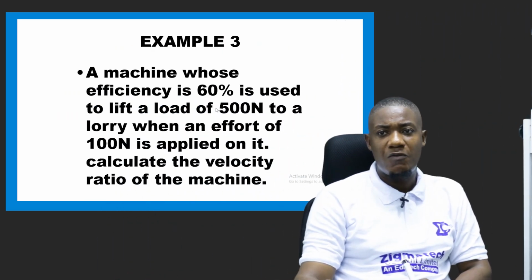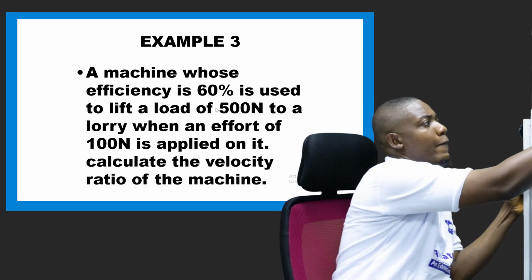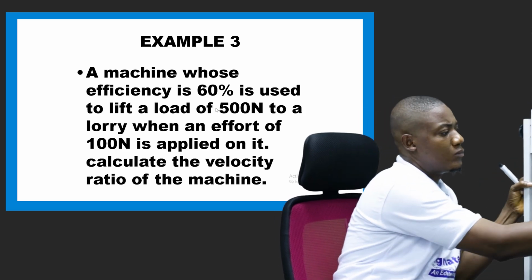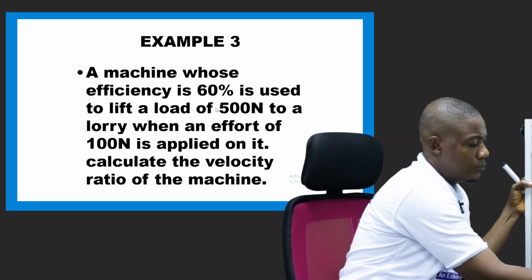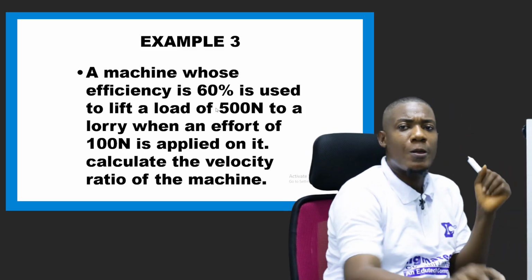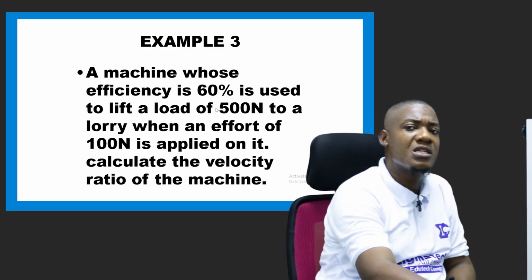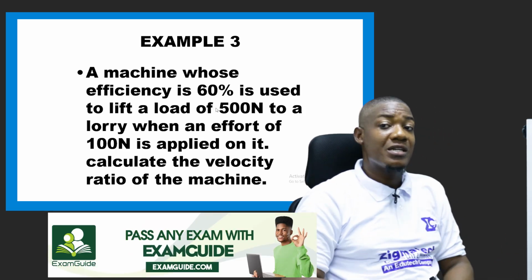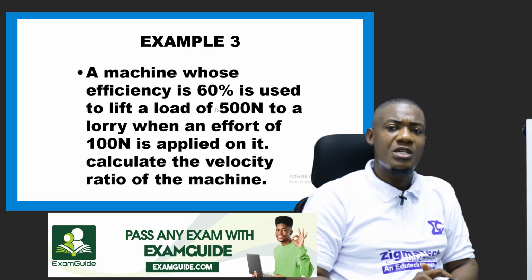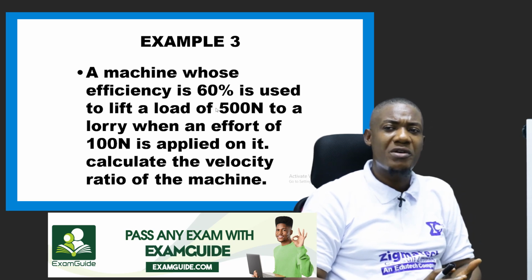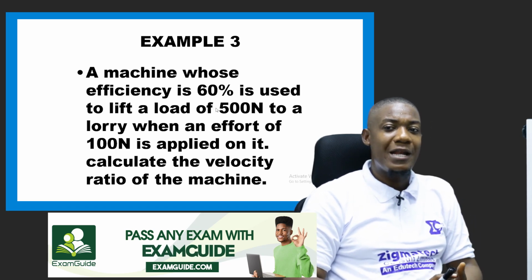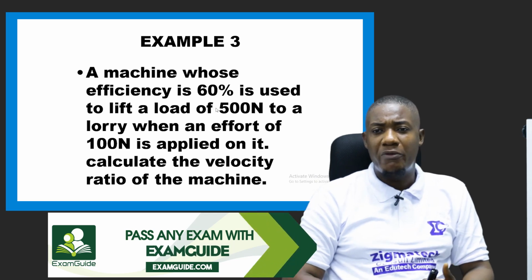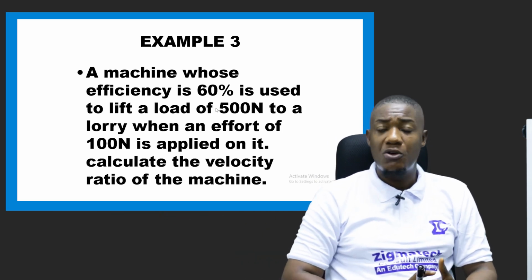Example 3. A machine whose efficiency is 60% is used to lift a load of 500 Newton to a lorry when an effort of 100 Newton is applied on it.